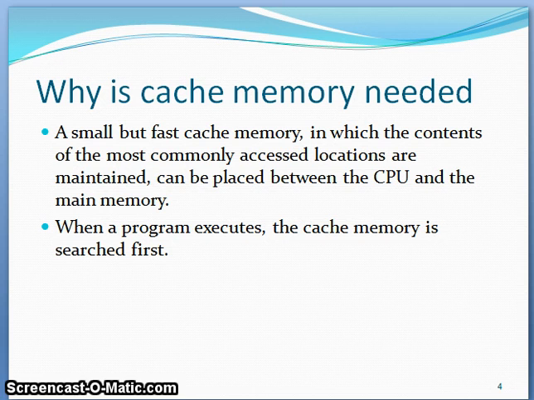Cache memory is a small and fast memory which is kept in between the CPU and main memory. When data is required by the registers, it is searched for in the cache memory. If the data is present in the cache memory, this situation is called a cache hit.